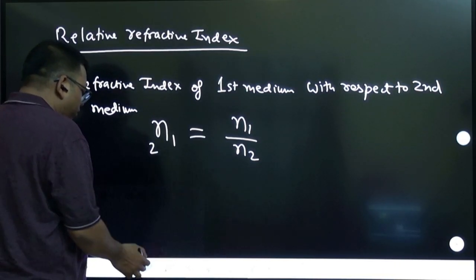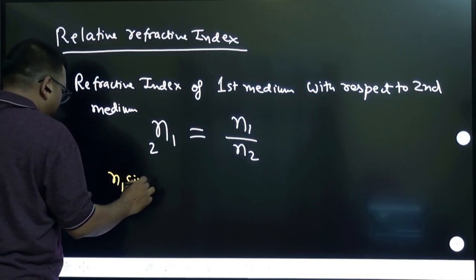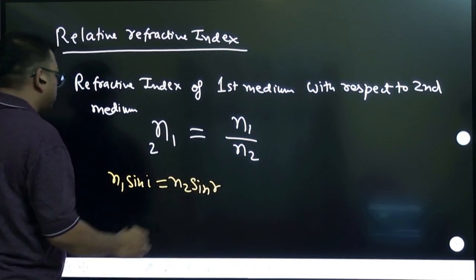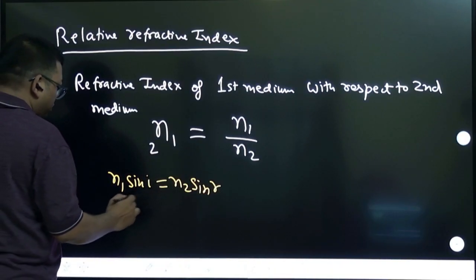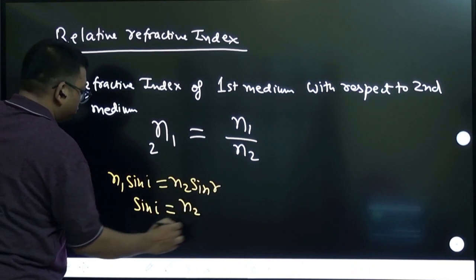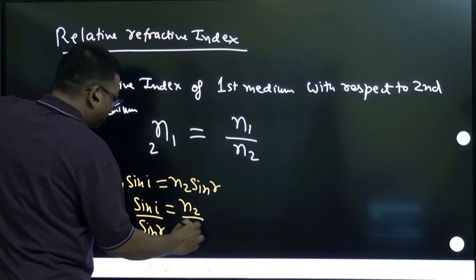So if you study this, n1 sine i is equal to n2 sine r, so I can write sine i by sine r ratio as n2 by n1.